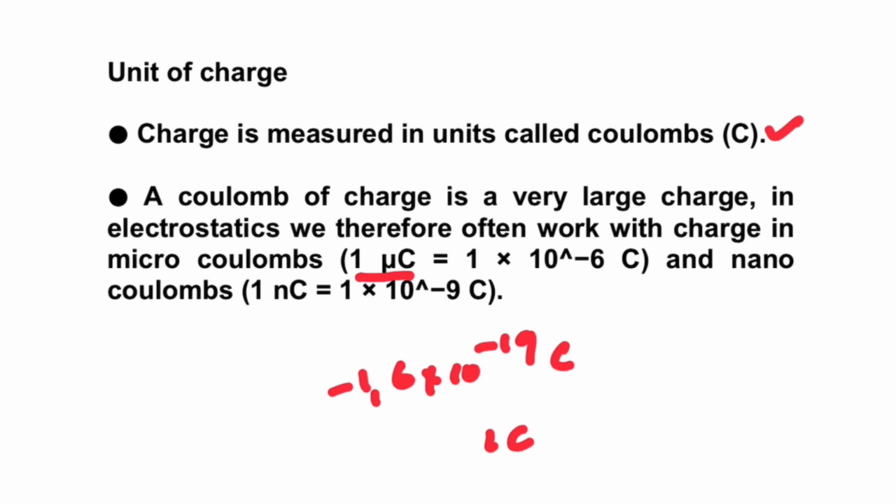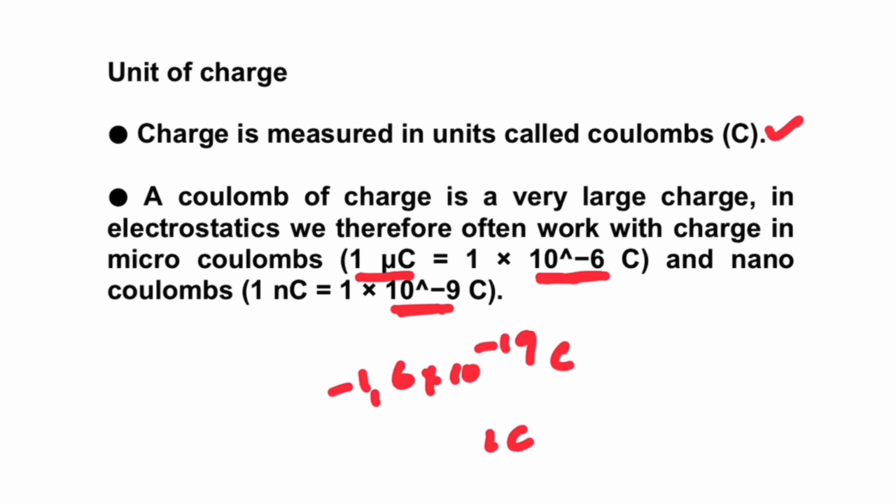So 1 microcoulomb is equal to 1 times 10 to the minus 6, and 1 nanocoulomb is equal to 1 times 10 to the minus 9. As soon as you see micro, just know that it is times 10 to the minus 6. And as soon as you see nano, just know that it is times 10 to the minus 9.